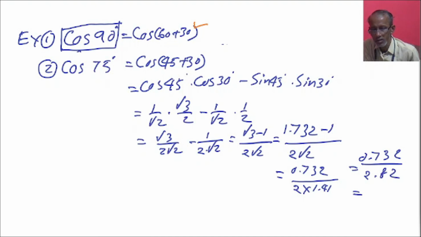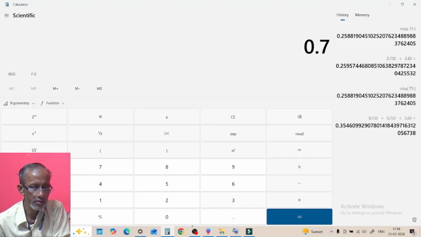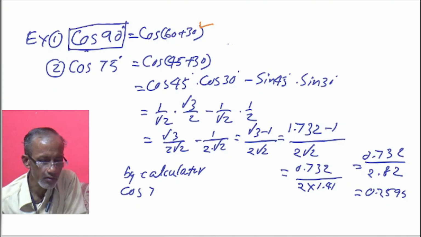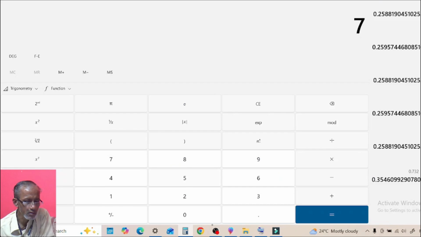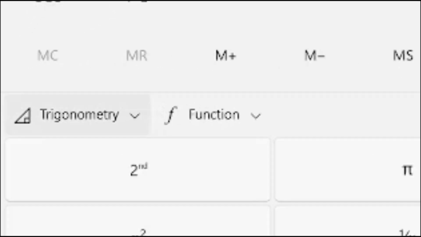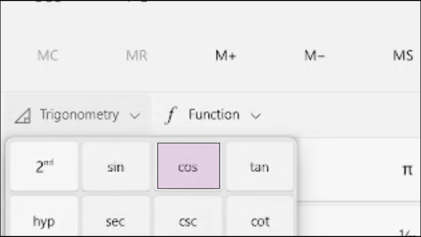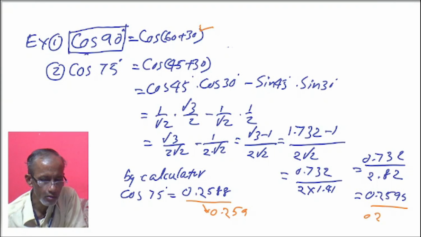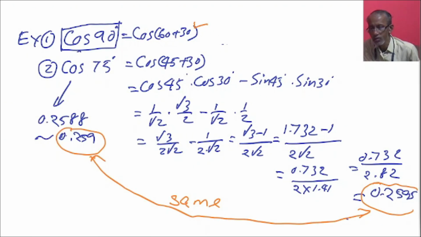By calculator, 0.732 divided by 2.82 is equal to 0.2595, and cos of 75 degrees is 0.2588. So it is almost 0.259. So this also matches, and the formula has worked for this case too.